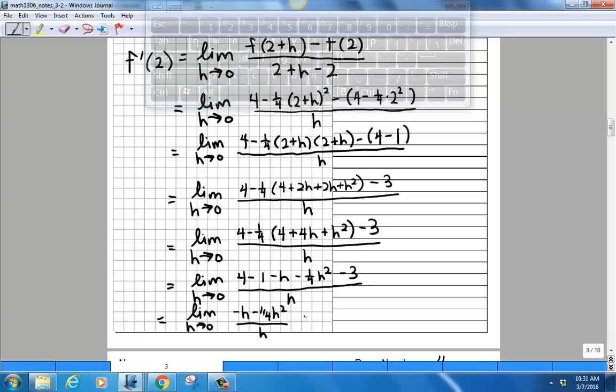And the canceling just keeps going because notice h divides into both of these terms, right? See, h divides into both of these terms. So you end up here with canceling that h out of the denominator. That's really nice. So you have the limit as h approaches 0 of, what's left there? Minus h over h is what? Minus 1, is that right? Okay.